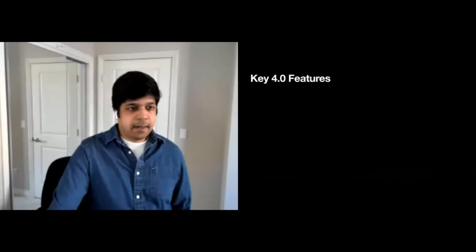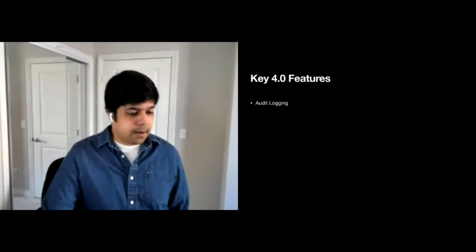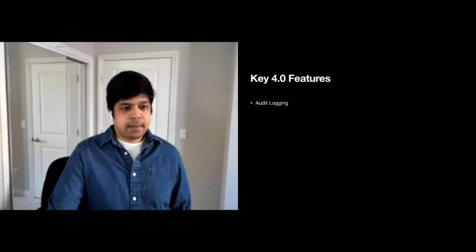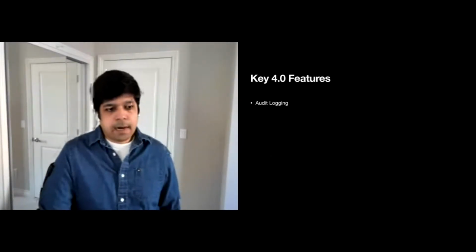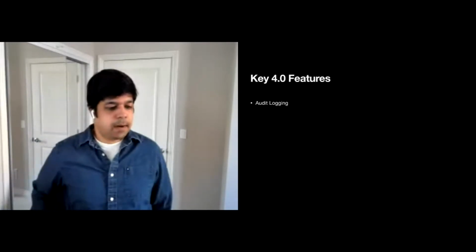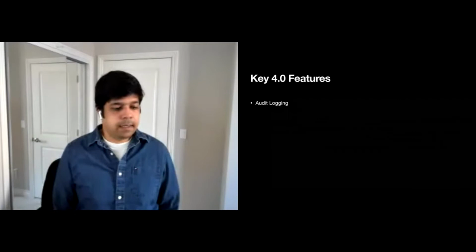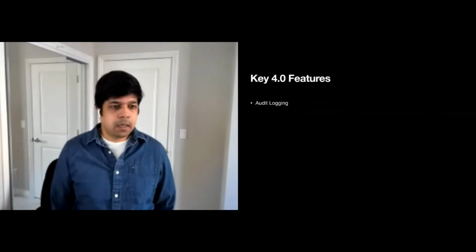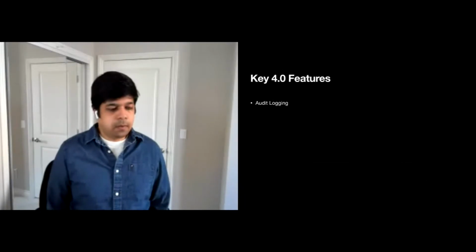So let's get started. The 4.0 key features are audit logging. This allows us to perform audit logging at the database layer. A lot of you might have heard about it and are excited about it because this allows us to do SOX compliance and other compliance related work a lot better with 4.0.